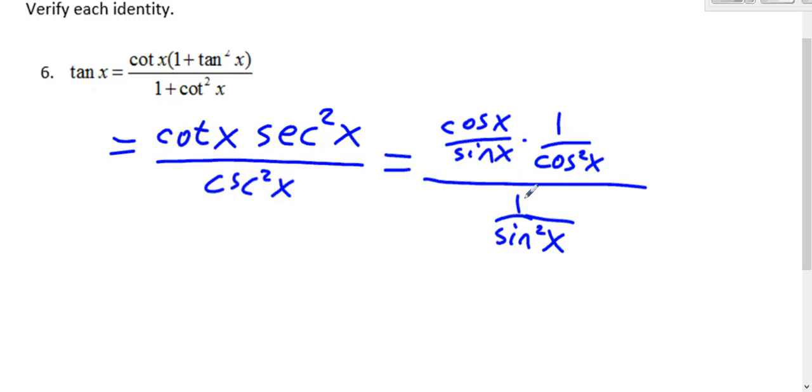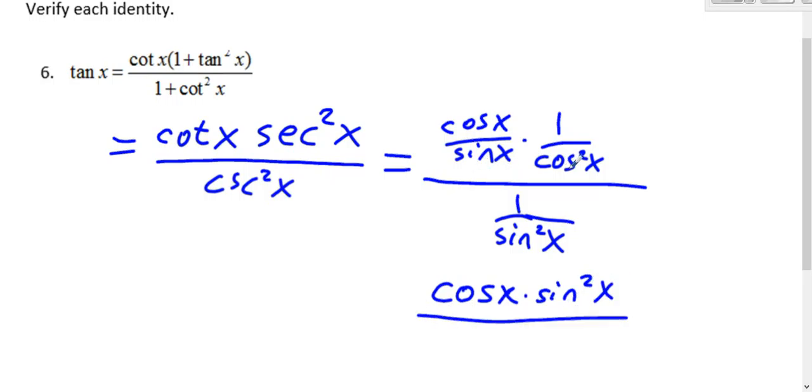So do the reciprocal of the denominator. So sine squared comes up top. So that's now cosine times sine squared on top in the numerator. The denominator is sine times cosine squared.